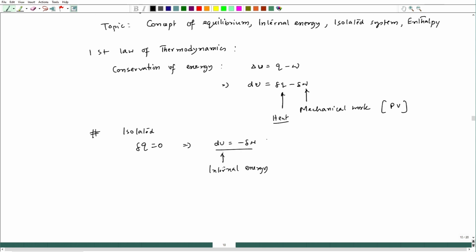Now, let us take this one further. U can be related to a function of V and T. Once we have this, I can write it like this.